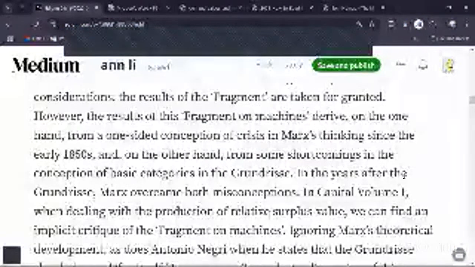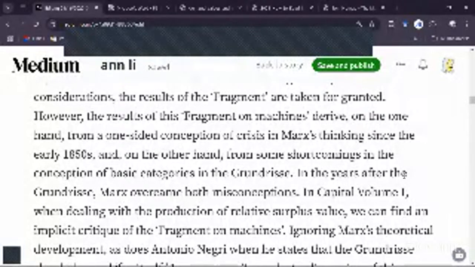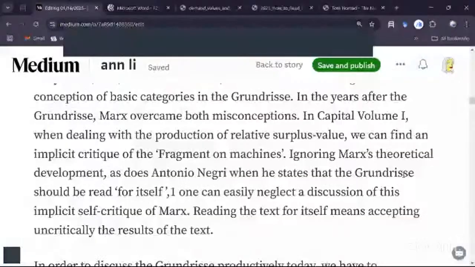In the years after the Grundrisse, and remember, Grundrisse is foundation in German, so that alone can have its own problems, Marx overcame both misconceptions. In Capital Volume 1, when dealing with the production of relative surplus value, we can find an explicit critique of the fragment on machines, ignoring Marx's theoretical development, as does Antonio Negri, rest in peace, when he states that the Grundrisse should be read for itself.